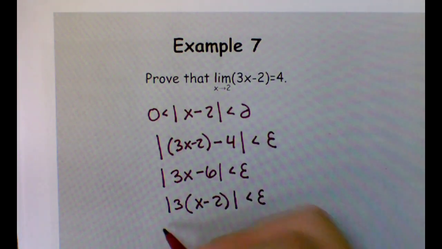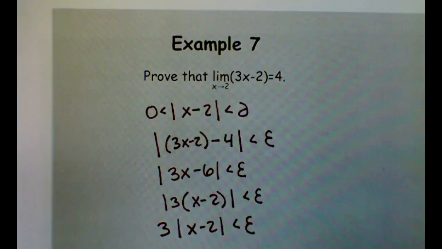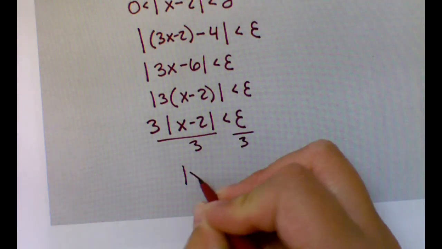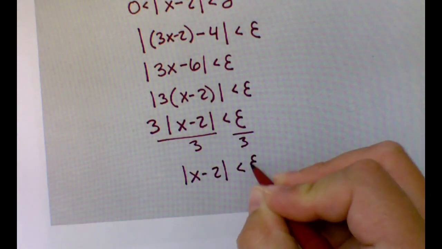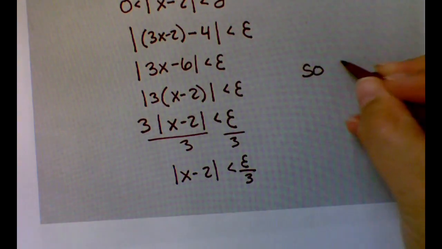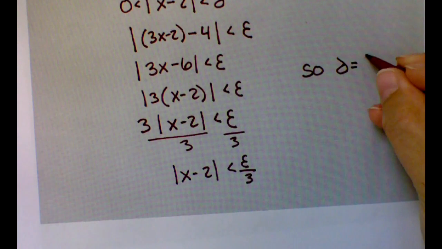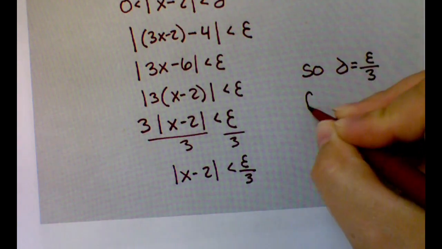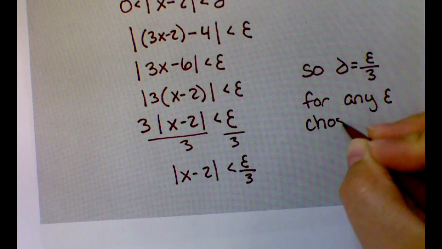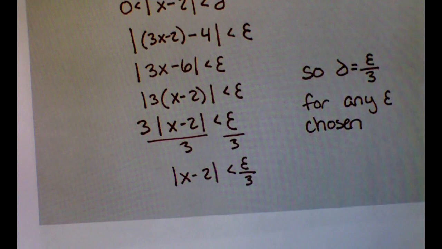Well, that 3 can be taken out of the absolute value, and then divide it over. So the absolute value of x minus 2 is less than epsilon over 3. So delta, notice that's my delta, delta is epsilon over 3 for any epsilon chosen. And therefore, we have proved it. As long as I can find that delta, it works.